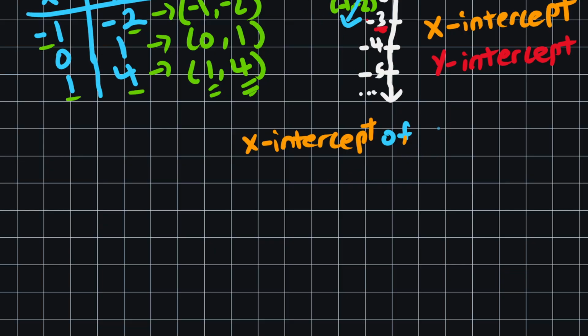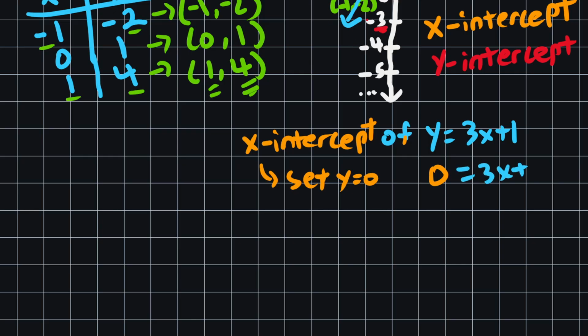To find the x-intercept, we set y equal to 0. So instead of y, we substitute 0. So 0 equals 3x plus 1, and then we're going to solve for x.